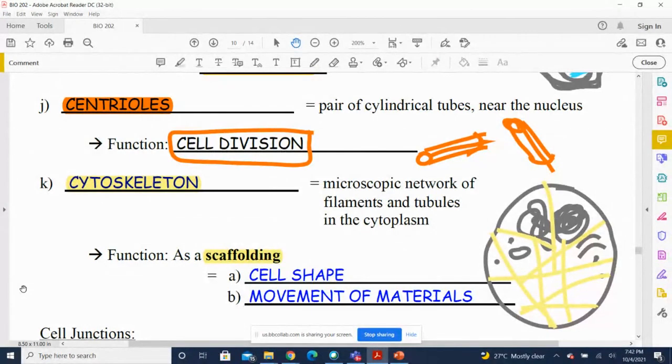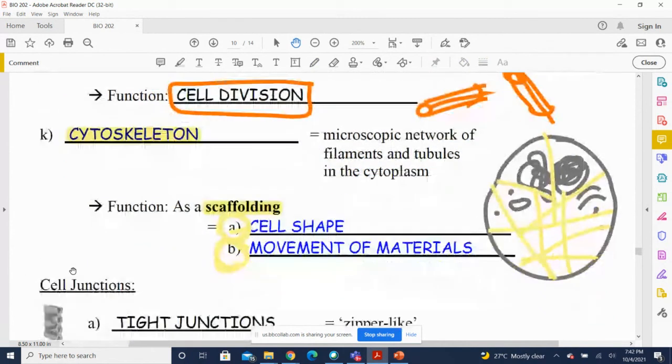So it's all these tubes that keep the cell in its shape. And they also allow materials to be moved along them. So rather than just floating within the cytoplasm, material is able to travel within the cell thanks to these cytoskeleton pathways, or highways, if you wish, within the cell.